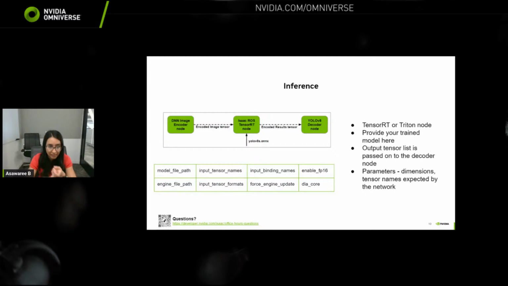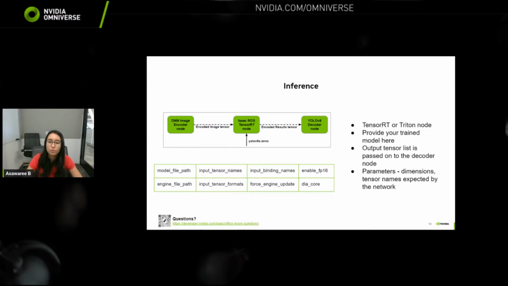The second is called the Triton node. Now, for the YOLOv8 sample, we only, I think, provide a launch file for the TensorRT node, but it's not too challenging to write your own launch file if you want to use the Triton node as well. And we did get a question about what's the difference between these two nodes. I think I'll address that question together with the other questions we got on that post.